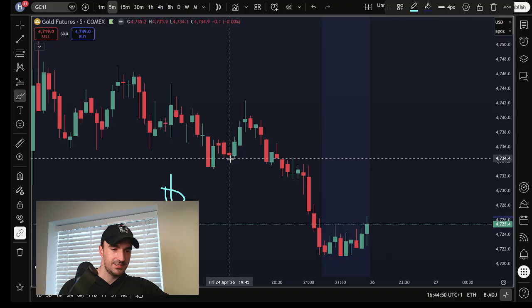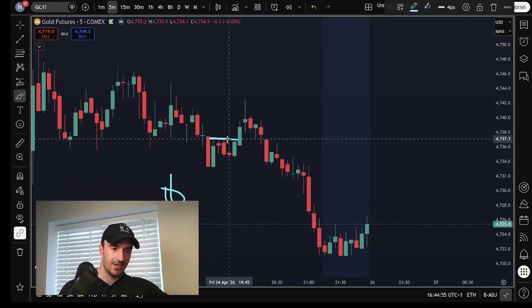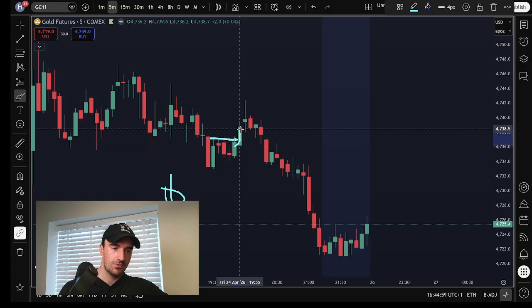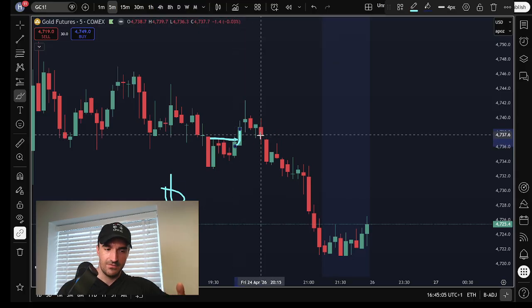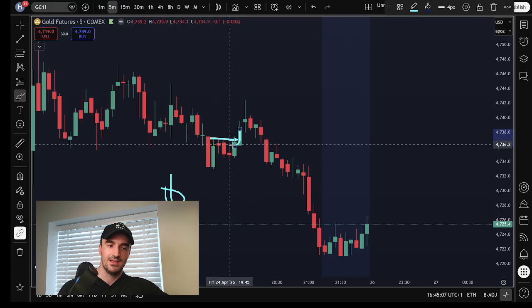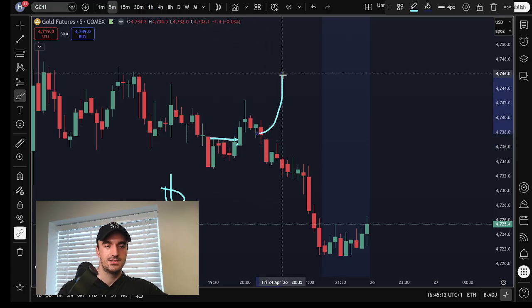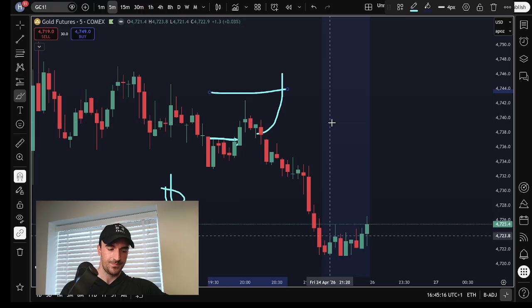So this broke the lower high. This candle was a lower high, and it broke. It gave us a leg to the upside, but it gave a false impression that it potentially breaks and forms another higher low.